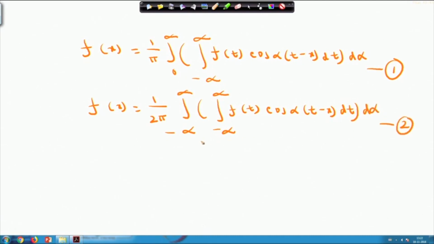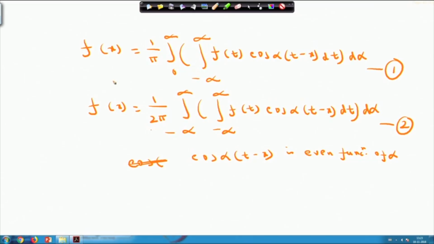We can write this because cos of alpha into (t minus x) is an even function of alpha. Therefore, using the property of definite integrals, the 0 to infinity can be written as minus infinity to infinity, and that is the reason we have divided by 2.